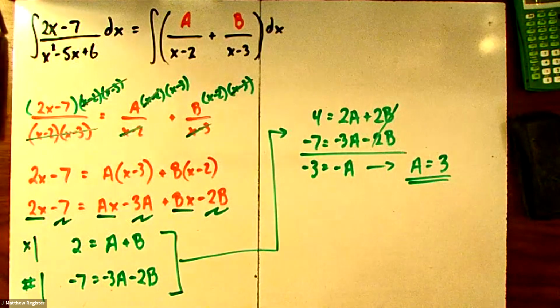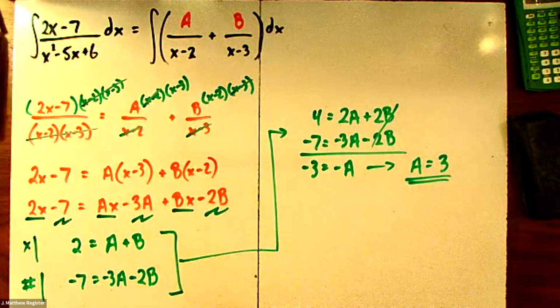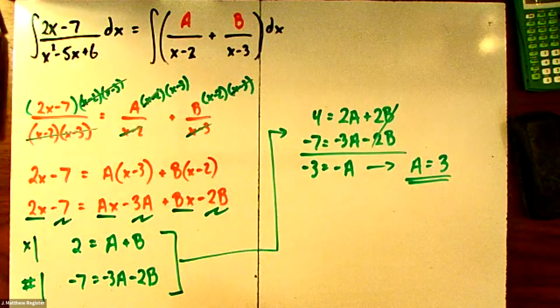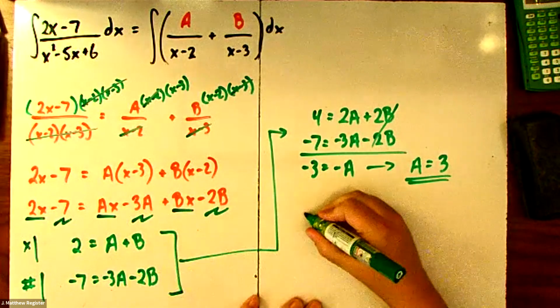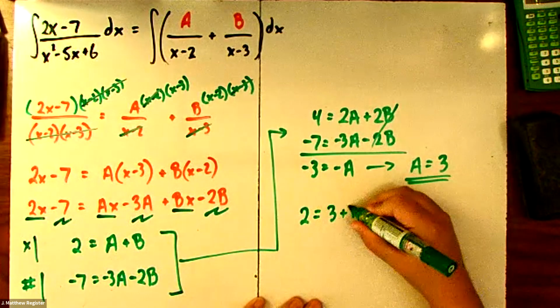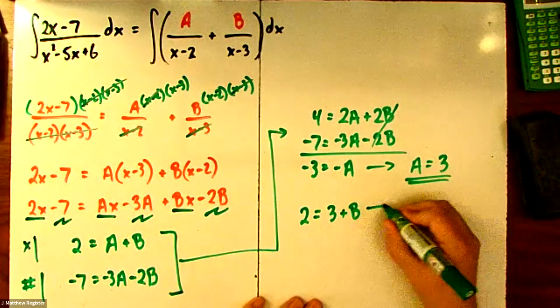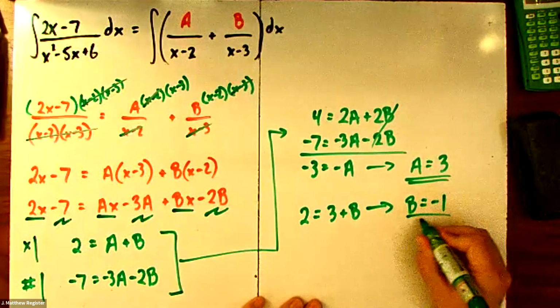We could do the same thing to figure out what our b value is, or we could substitute the 3 back in and get it either way. Substituting might actually be easier, since if we substitute into this first equation, we would say that 2 is equal to 3 plus b, which tells us that b is equal to -1.